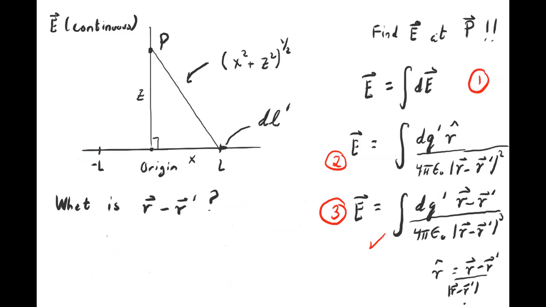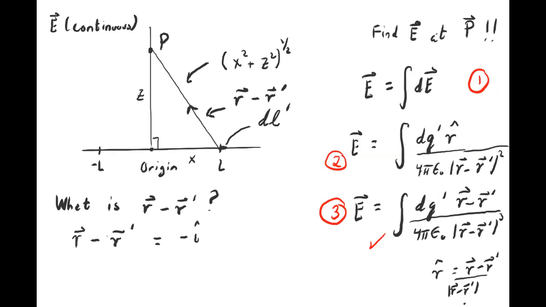Well, if you look at this diagram, r minus r prime is simply this vector. It's the hypotenuse of this right triangle. You can decompose it into its components.